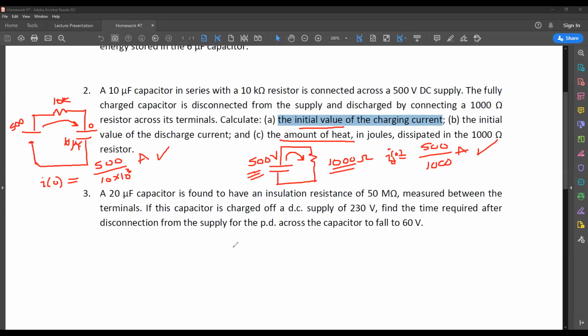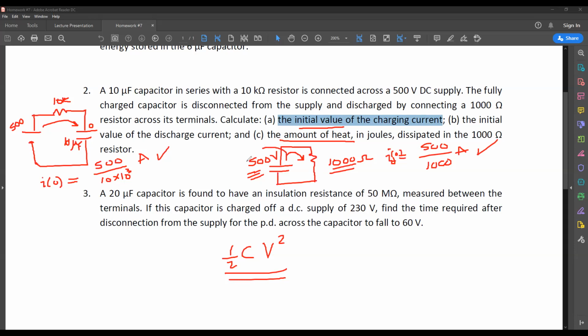V square over R? No, actually 1/2 C V square. That's what we said at the beginning of the lecture. If you want to do it the other way, you have to compute the current or the voltage and integrate with respect to time, for example V square over R. That would be a long problem, and you already know that the total energy will be exactly the same as the initial energy.